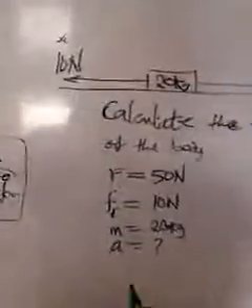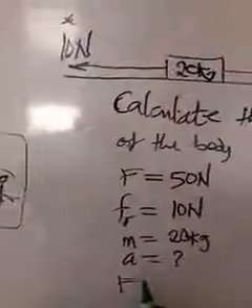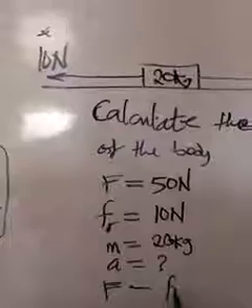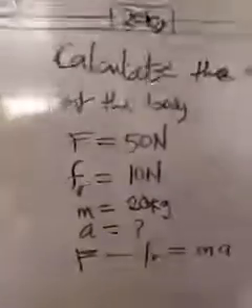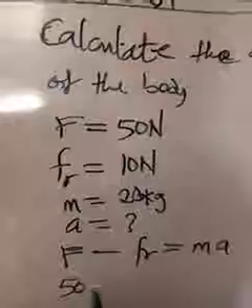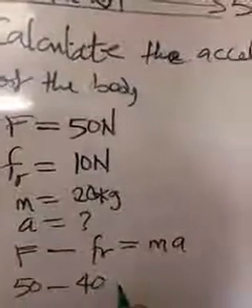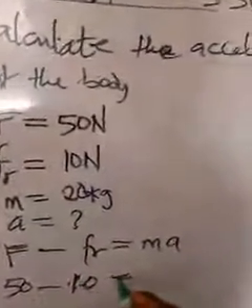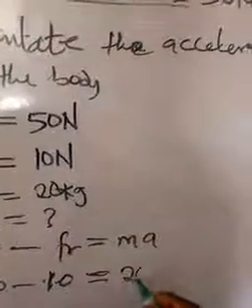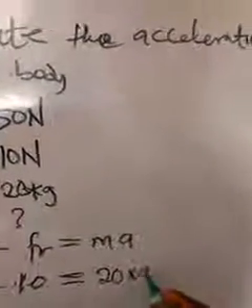So let's go back to equation 1. We now have applied force minus frictional force is equal to mass times acceleration. That will be 50 minus 10 equals mass, which is 20, multiplied by the acceleration.